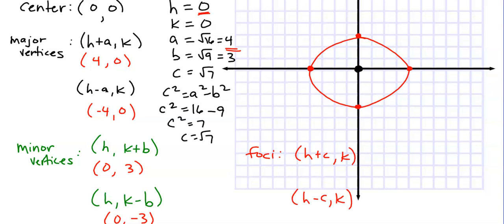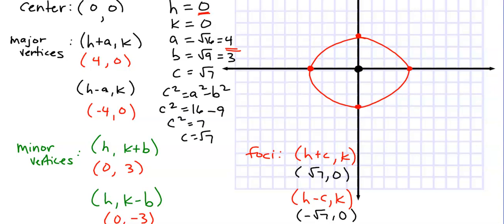So if we substitute some things in there, H plus C, so 0 plus root 7 is just root 7, and then K is 0, and then 0 minus C, so 0 minus root 7 is negative root 7, and 0. Okay, so now we're not going to be able to graph these perfectly, but if we were to find the square root of 7, it'd be about 2.6.